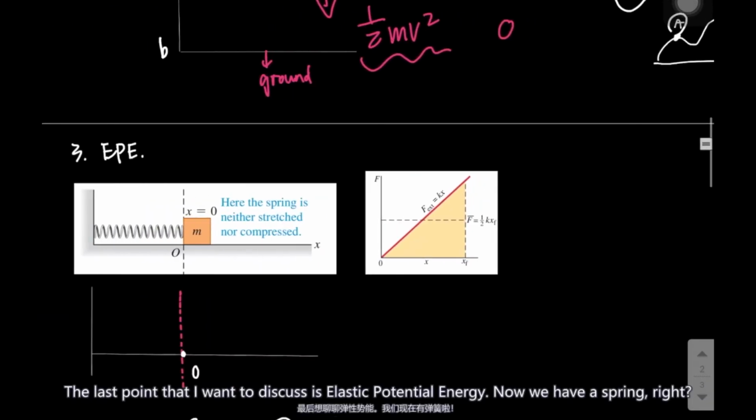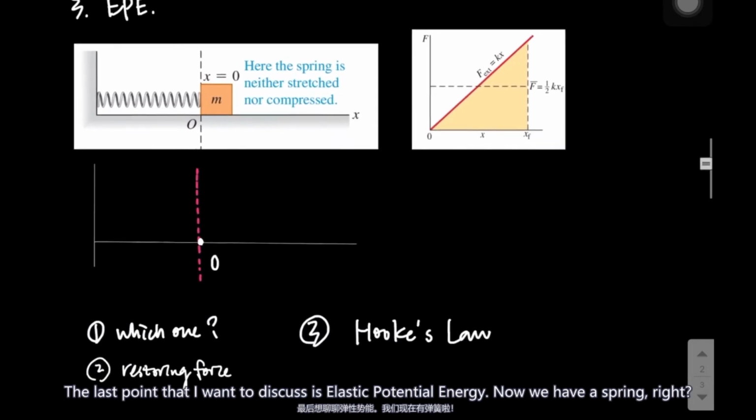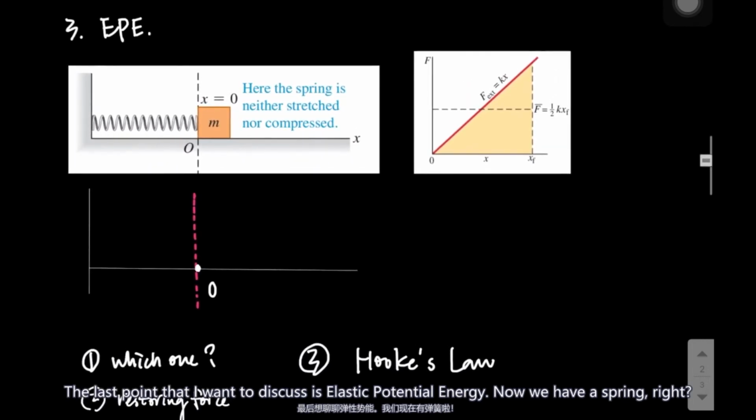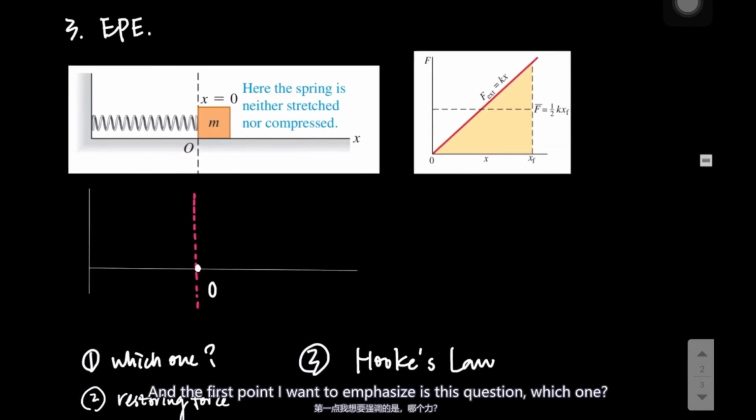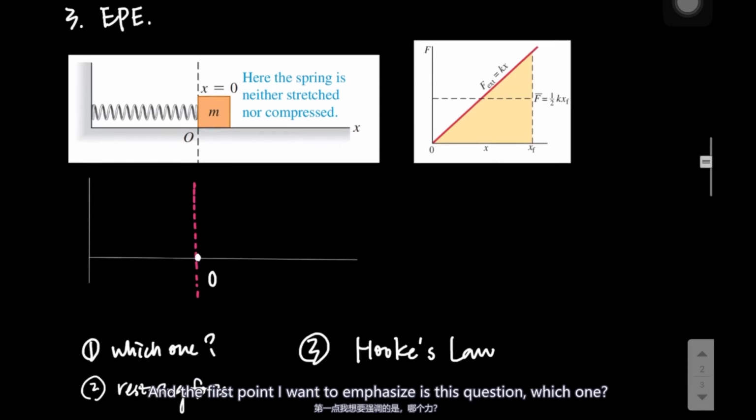Okay, so the last point I want to discuss is EPE. Now we have a spring, right? The first point that I want to emphasize is this question: which one?